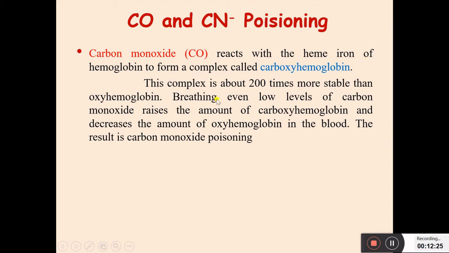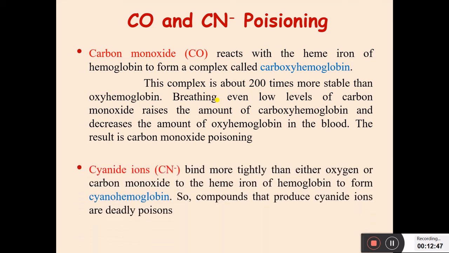Now, this complex is about 200 times more stable than oxyhemoglobin. Breathing even low levels of carbon monoxide raises the amount of carboxyhemoglobin and decreases the amount of oxyhemoglobin in the blood, which results in carbon monoxide poison.